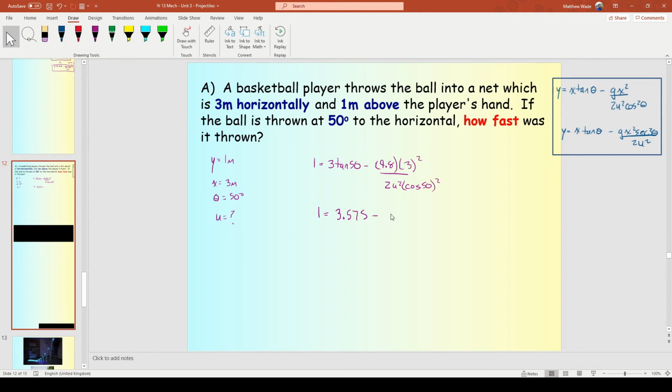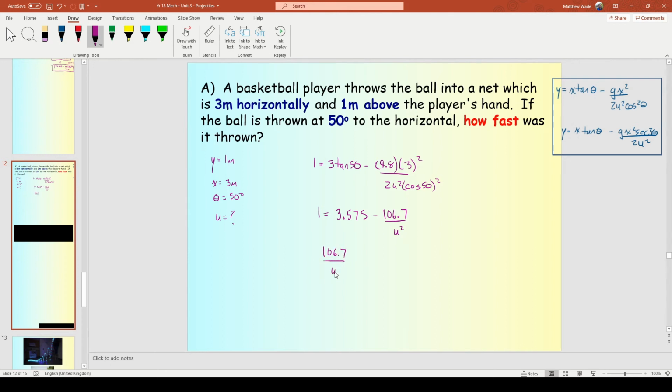Now that means here I've got 106.7, because this and this all made that, and the poor little u squared is just chilling on the bottom. Cool beans?